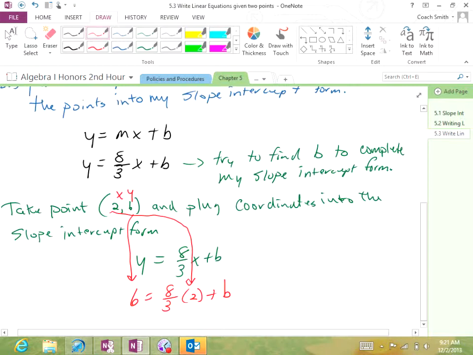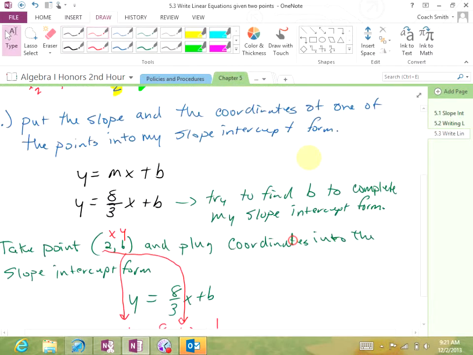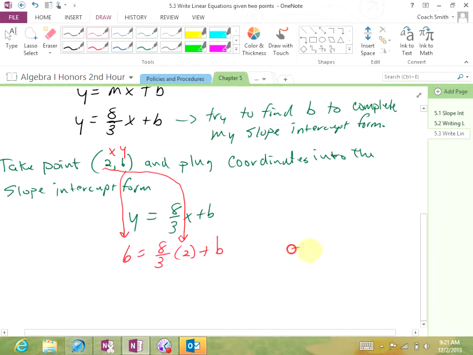That's all I did. I could have used the other point. In other words, I could have had this. I could have had the other point was what, -1 and -2. So you could have done this. -2 equal 8/3 times -1 plus b. You could have used either point.